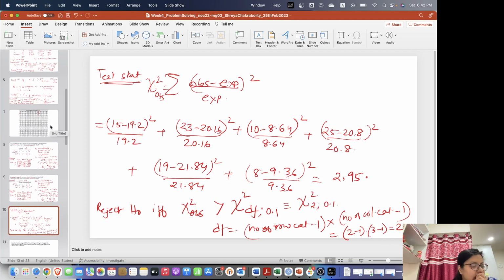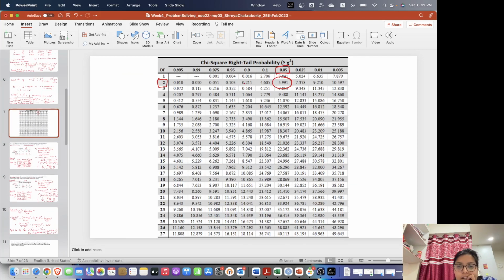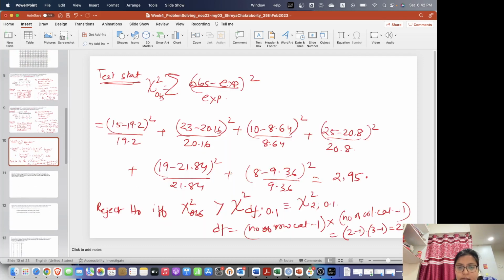So let us check. Chi-square 2, 0.1, that is 4.605. So our statistic is less than 4.605.